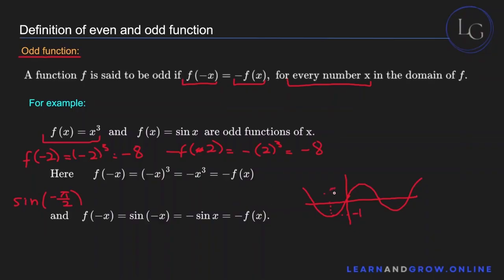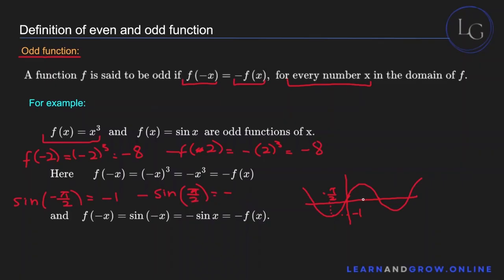This is negative pi by 2. That gives you negative 1. So that should be equal to minus sine of positive pi by 2. So put this negative sign here, and what is sine of positive pi by 2?